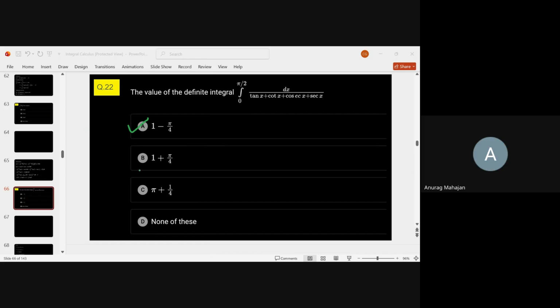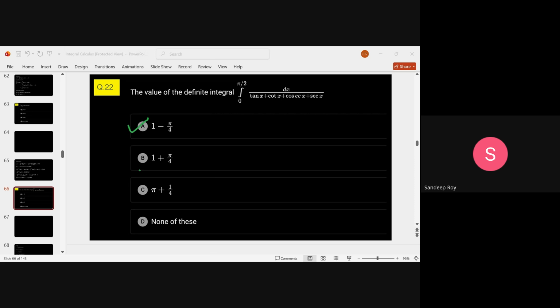Sir, could you please solve it? Okay. So see, first you convert everything into x by 2 form. Is it done? What are you getting? Tell me. So 2 tan x by 2, 1 minus tan square x by 2 divided by 1 plus tan square x by 2 plus 2 tan x by 2 plus 1 minus tan square x by 2.